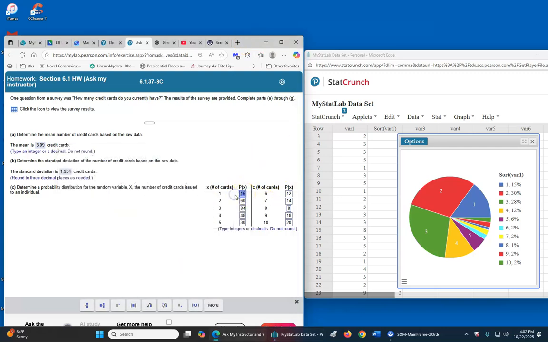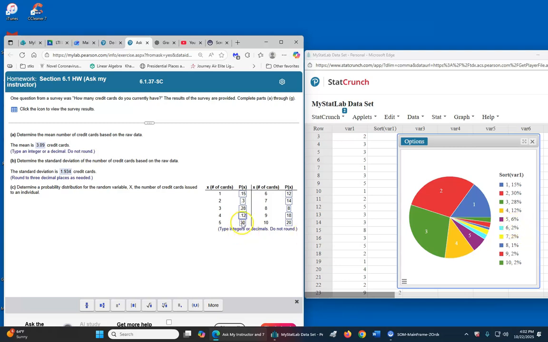So that should be 0.15. That should be 0.3. 30% of them are 2s. 0.28. Looks like your counting's way off. And how many 4s? There are 12%, 0.12, or there were 12 of those.